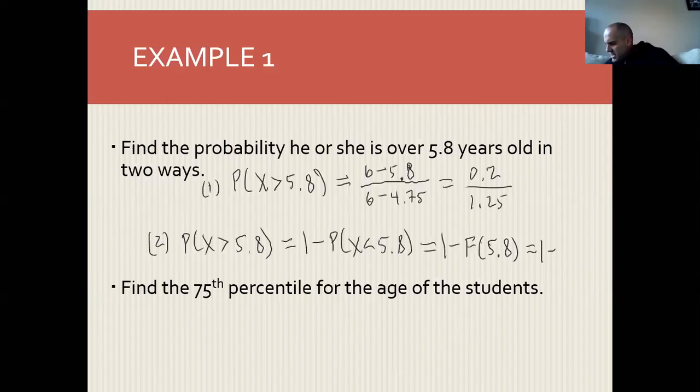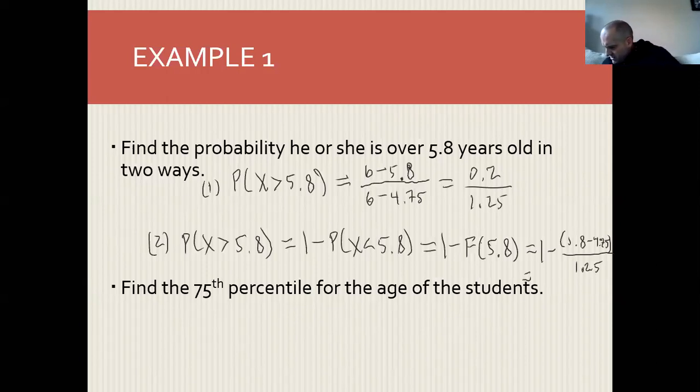So x minus a, it'd be 5.8 minus 4.75, divided by 1.25. What would I end up getting? Well, 5.8 minus 4.75.